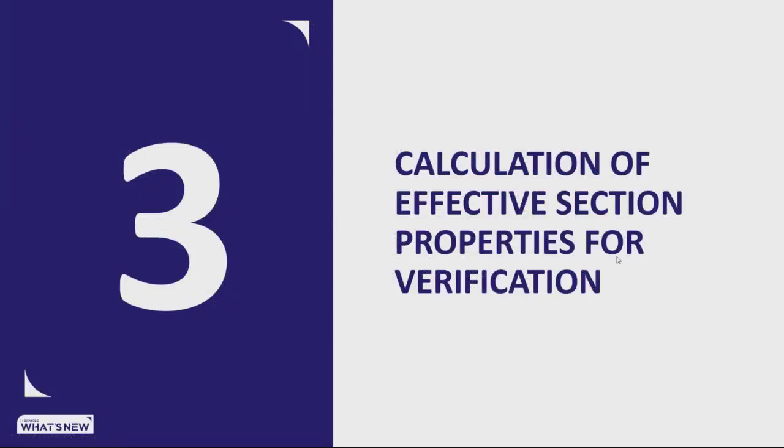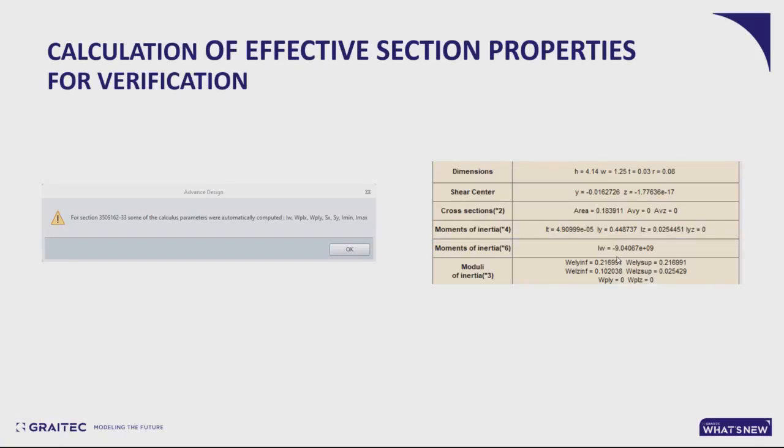Now the calculation of effective section properties for verification and design. Advanced Design will automatically perform the calculation of effective width and effective area for cold form sections. As you know, for cold form section design, we need to calculate those parameters to verify our sections.